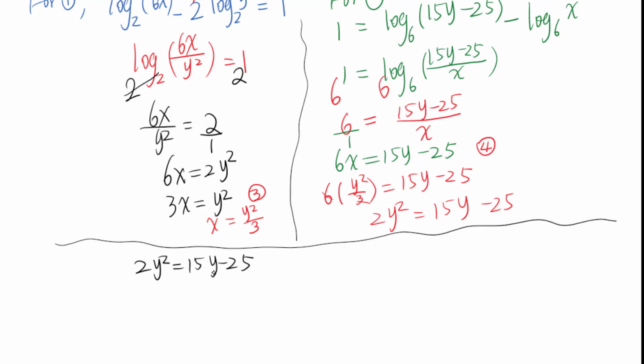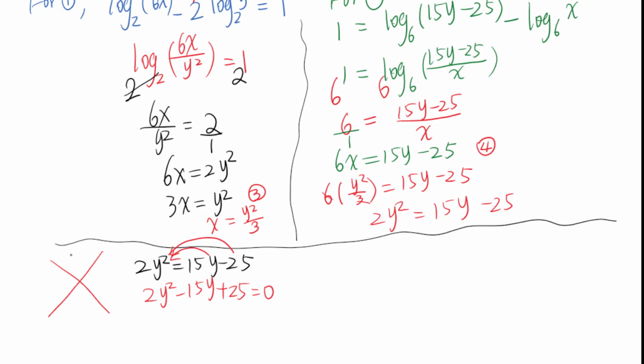This is a quadratic equation. We need to make it equal to 0. Everything on the right side of the equation will move to the left side. 2y squared minus 15y plus 25 equals 0.